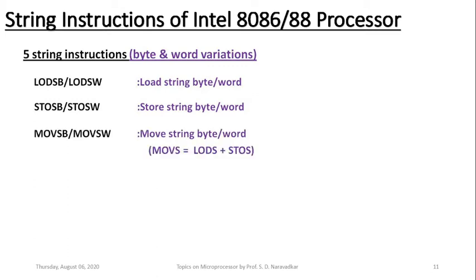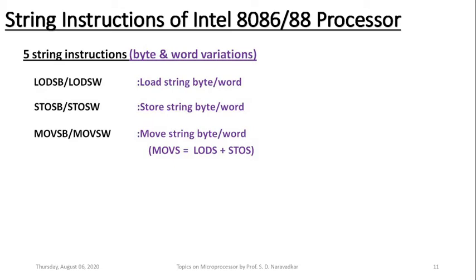Then the next instruction is store string byte or store string word, STOSB or STOSW. The third instruction is move string byte or move string word. Basically the move string instruction is a sequential execution of load string followed by store string. That's why inside the bracket on the right side it is written MOVS, move string, equal to load string LODS plus store string STOS.